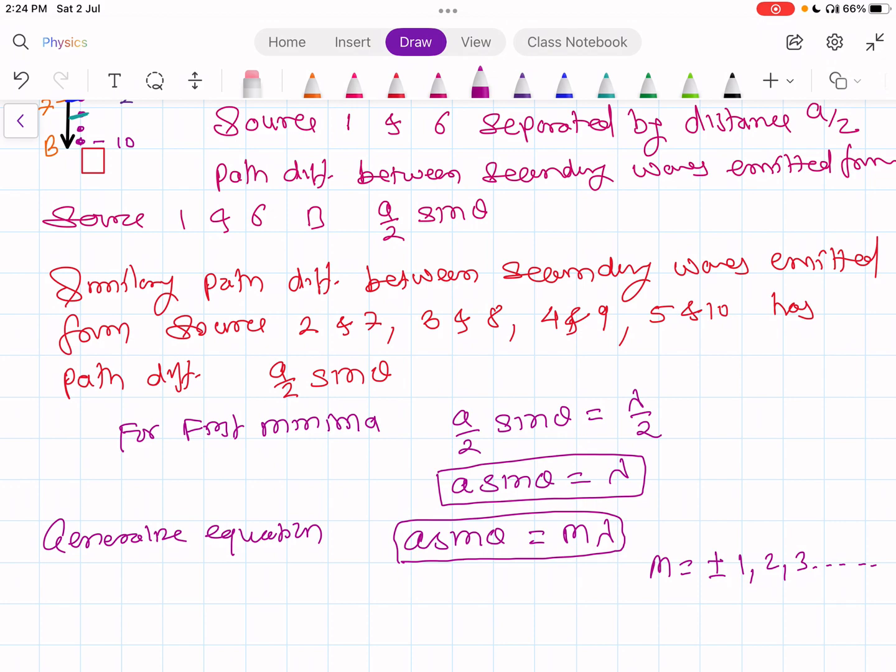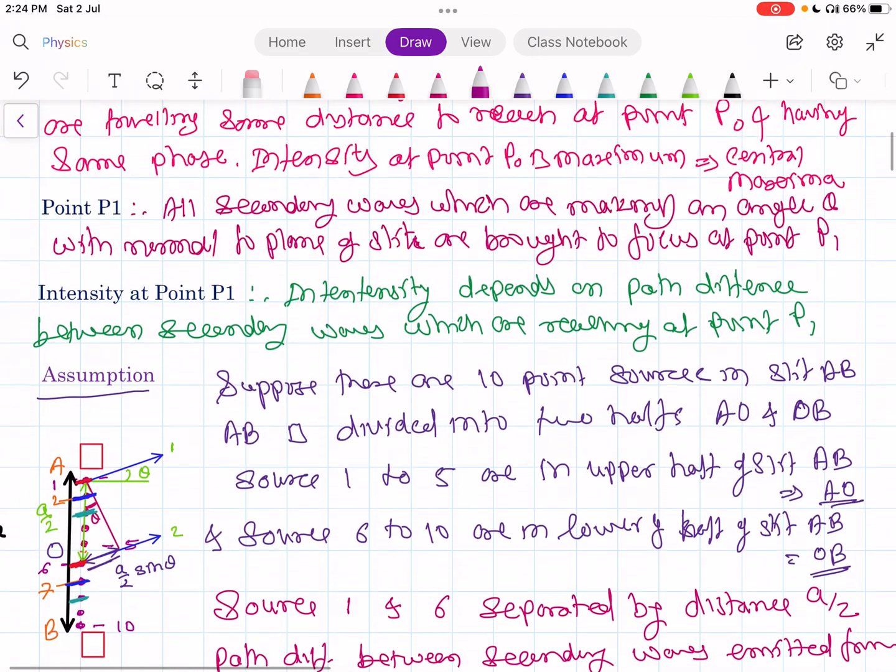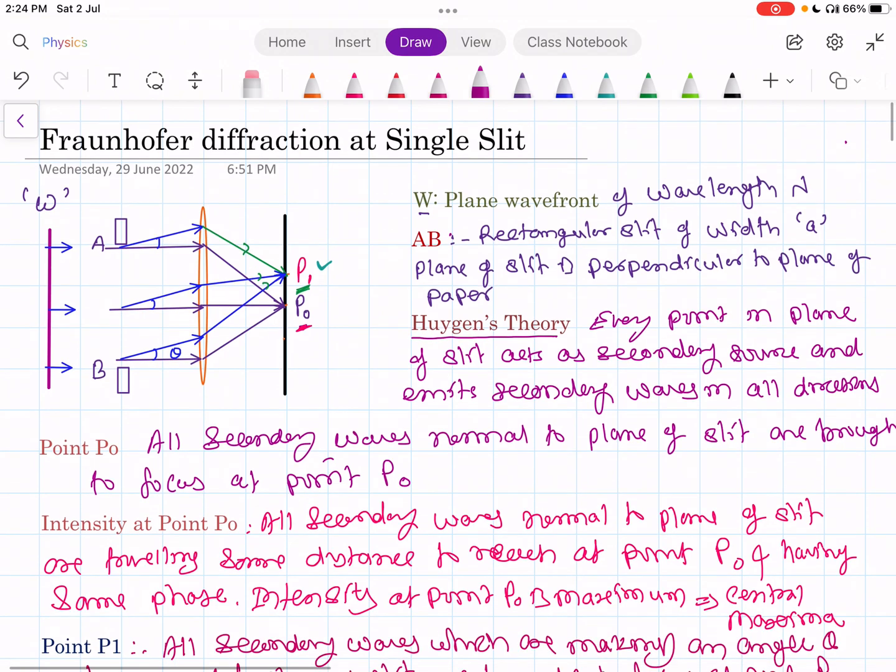tells nothing about the intensity variation of the light on the screen, because, as we have studied in the difference between interference and diffraction, interference fringes are sharp fringes. Their dark fringes are completely dark, bright fringes are completely bright.